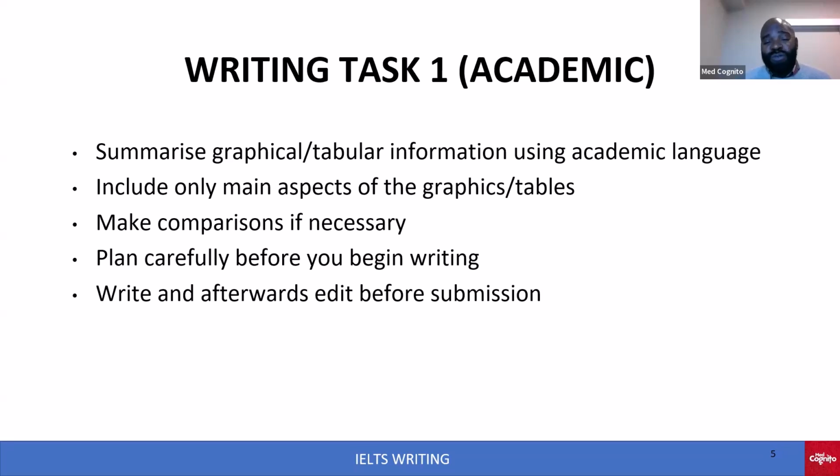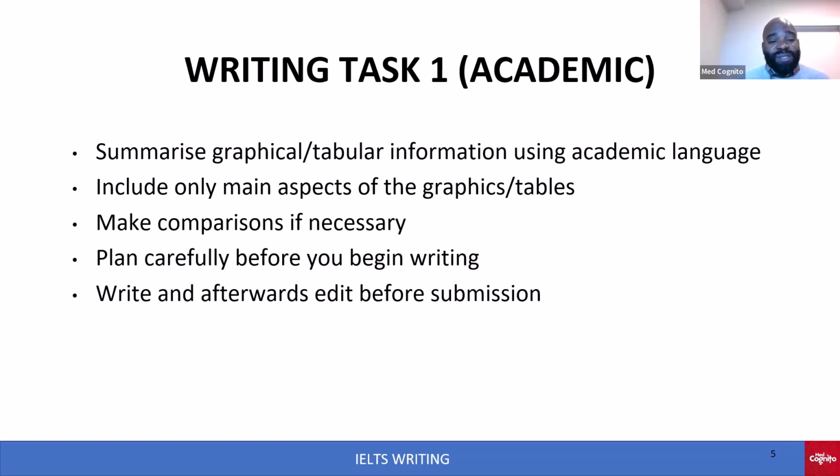In that way, once you start to write, you can write quickly, have some time left over, and then go over your work to be sure that there are no grammatical errors or any kind of errors that will go forward to the examiner.